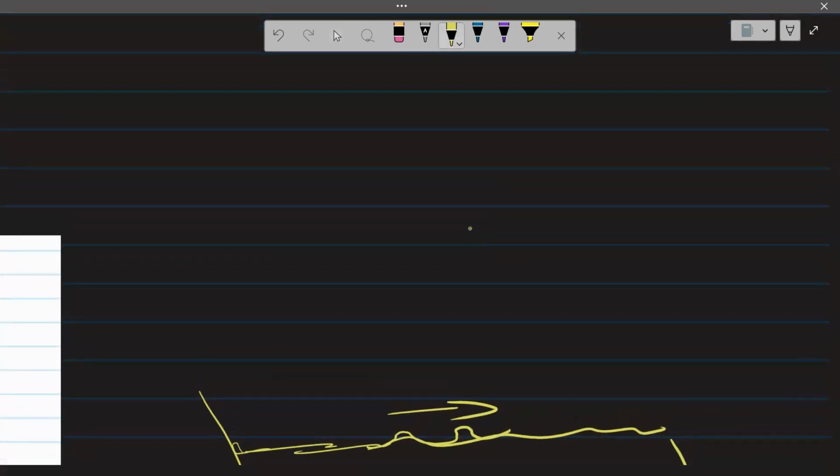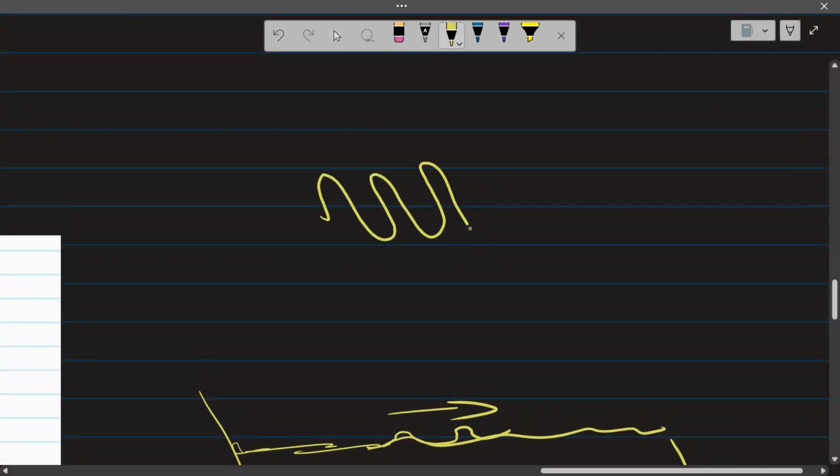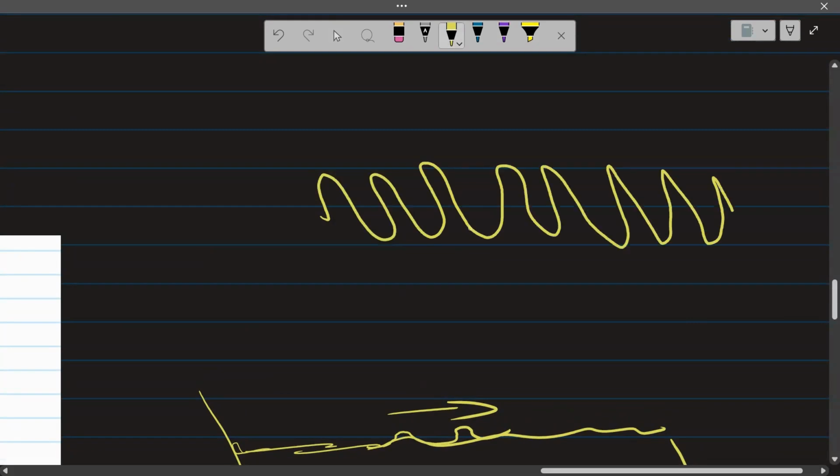For example, here is a rope. When somebody pushes it up, the rope moves up, and the wave is also moving in this direction.